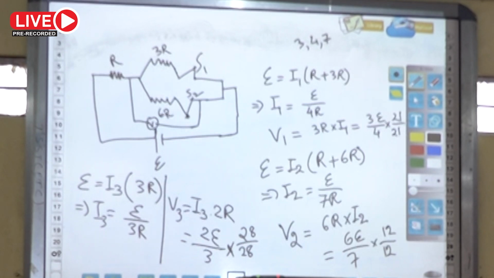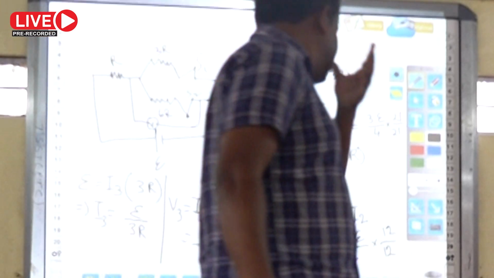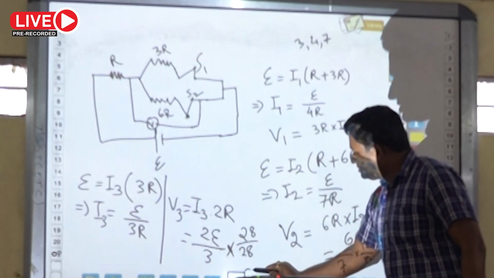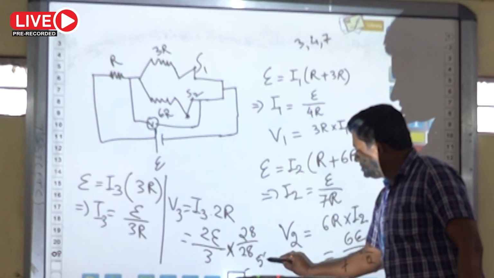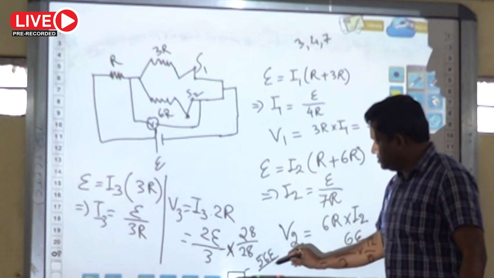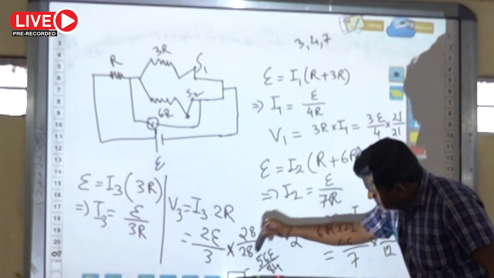Essentially I multiply all the terms by 1, but 1 is written in that format: 28 by 28, 21 by 21, 12 by 12. So V3 is coming 56E by 84.